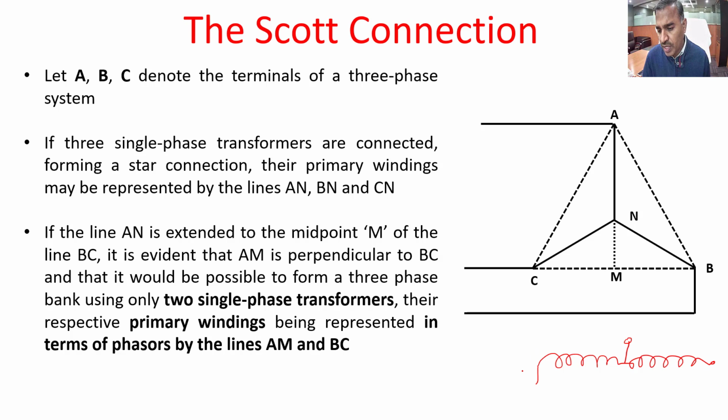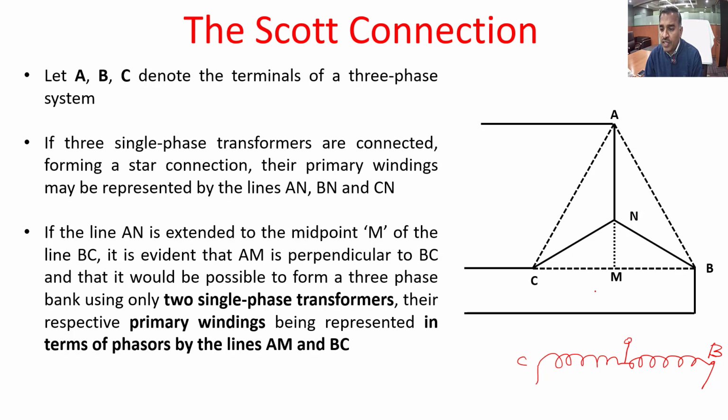This is point C, this is point B. Exactly at the midpoint, the voltage will be exactly 50% of the voltage. So we have to remember that this is a single winding, and at the midpoint you will get exactly 50% of the voltage.